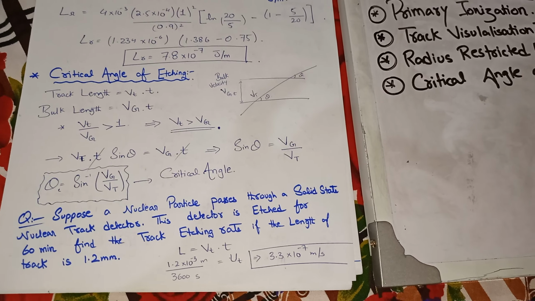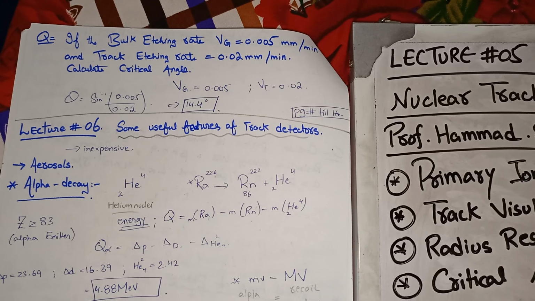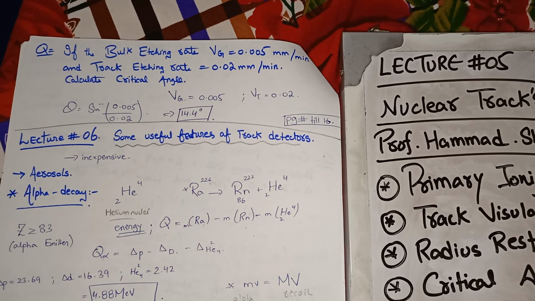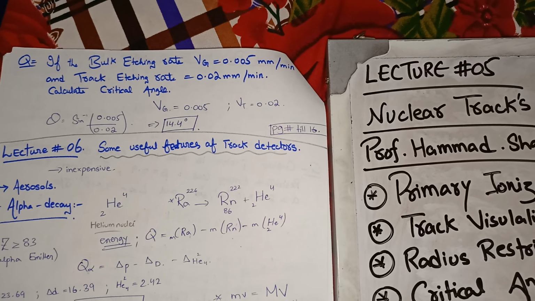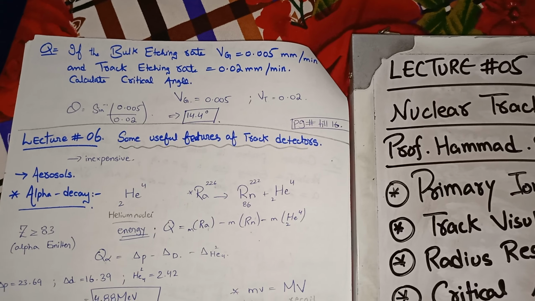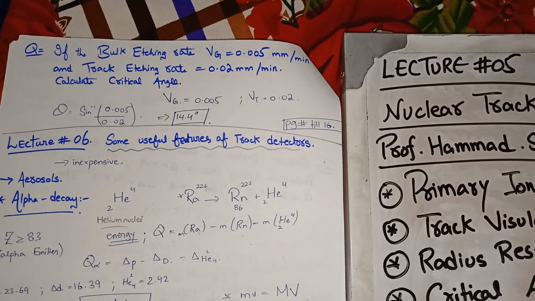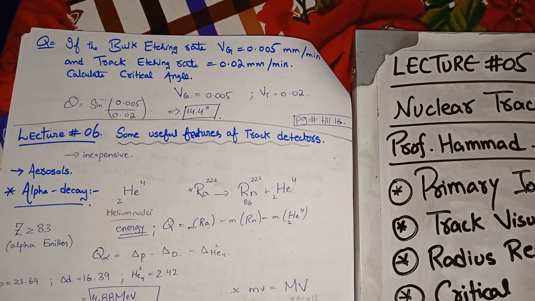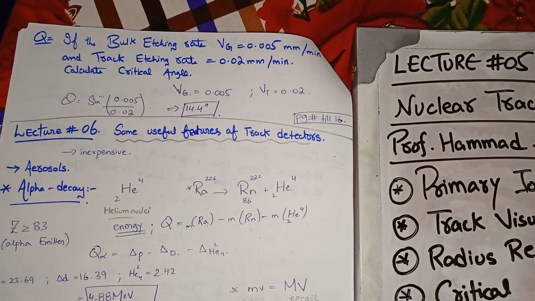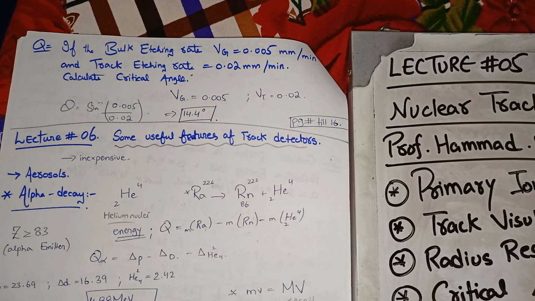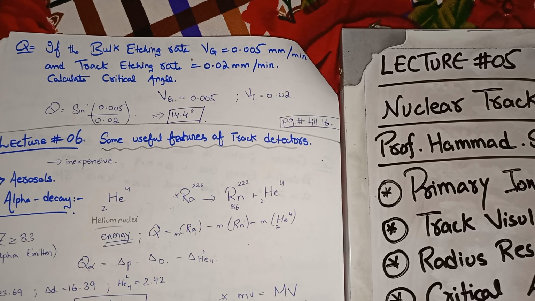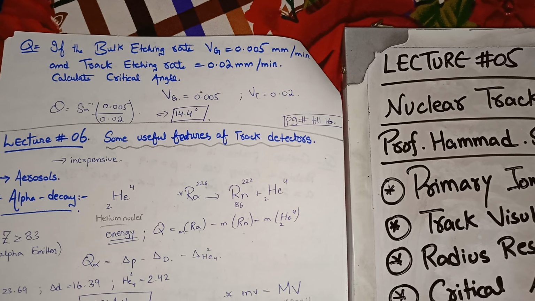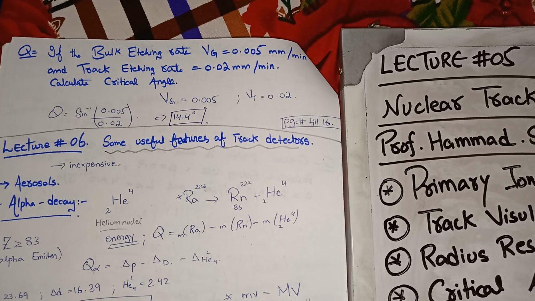The last problem of today's lecture is this: the bulk etching rate vg is given, which equals 0.05 millimeter per minute, and the track etching rate is also given, which is 0.02 millimeter per minute. You have to calculate the critical angle.